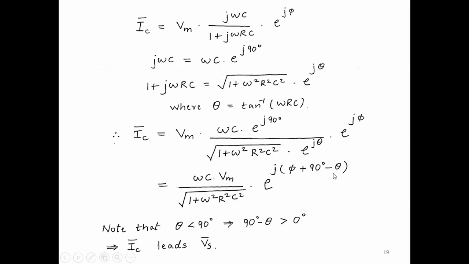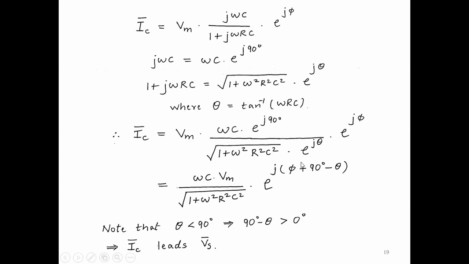Note that theta, which is tan inverse omega rc, is always less than 90 degrees. You should convince yourself of this. Therefore 90 minus theta is greater than 0, so this quantity is positive and therefore IC leads Vs. Because this is a capacitor, the current will lead the voltage.